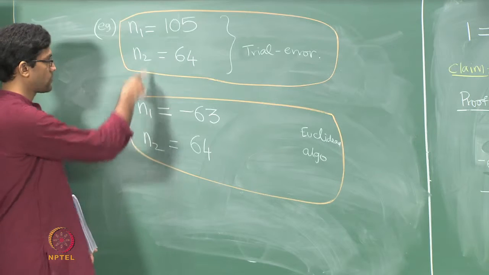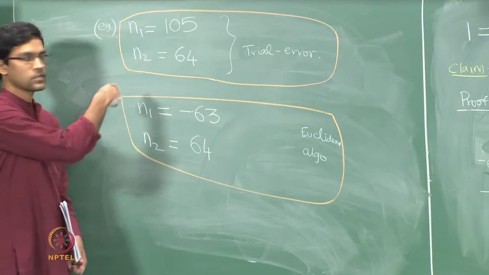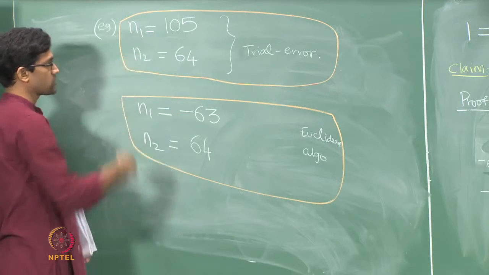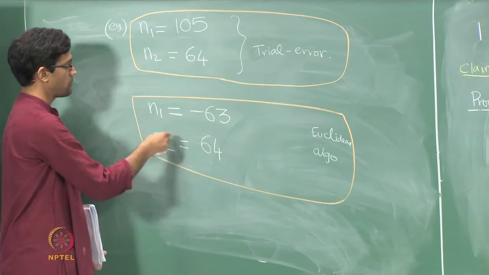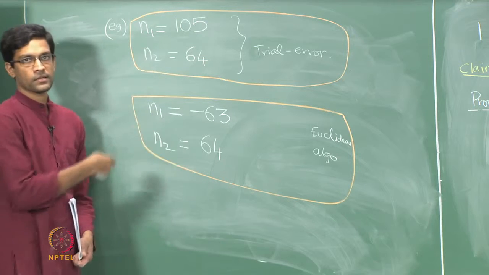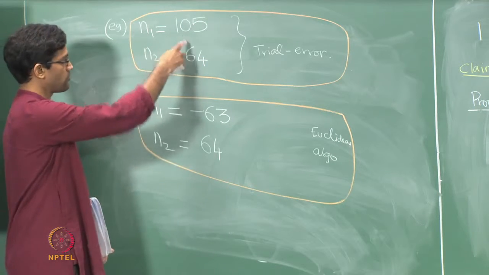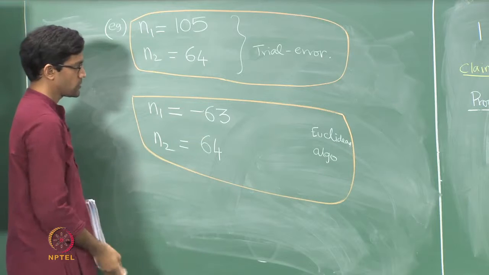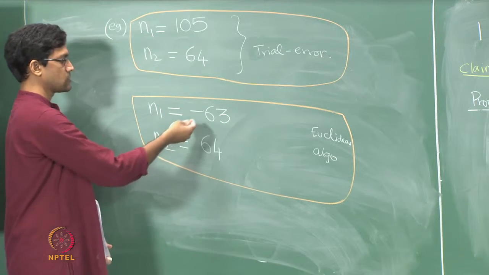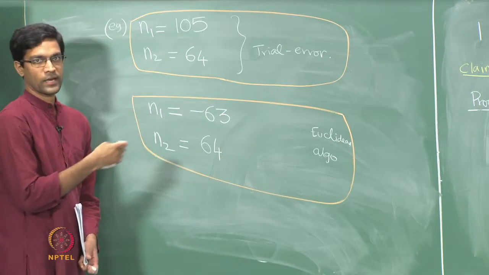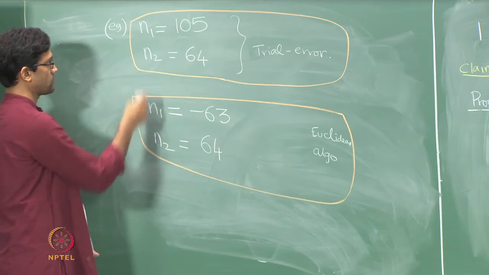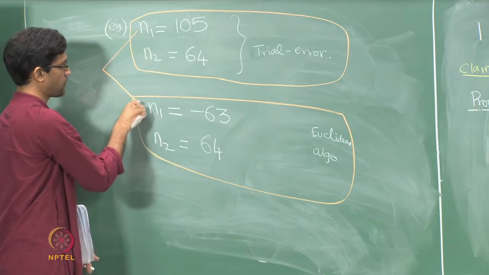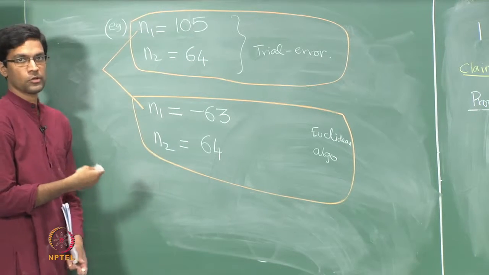Now comparing with what we had before, observe we had written out two solutions by trial and error, but again, what's the difference? n2 is the same, but n1 seems different. The trial and error method said that n1 is 105, but this said this is minus 63. But again, note that this is only one solution, and to get any other solution, all you need to do is, going from here to here, you can add any multiple of 168 to get a new solution.